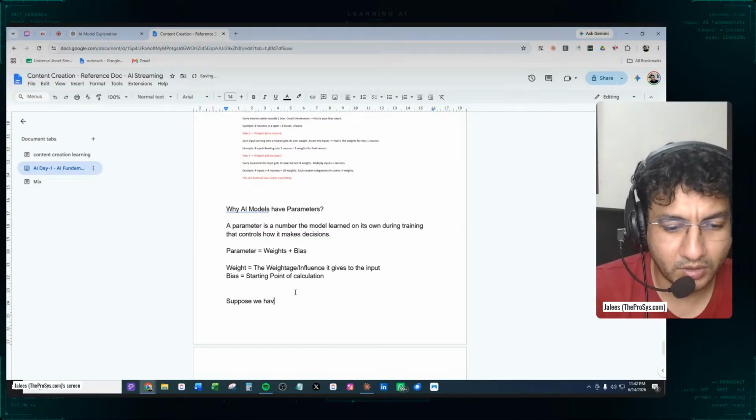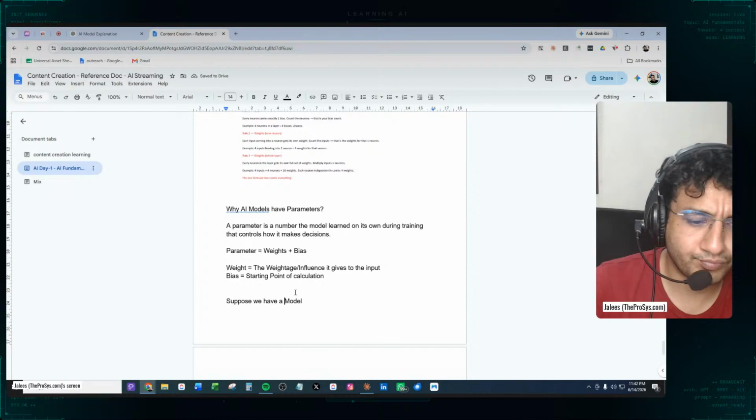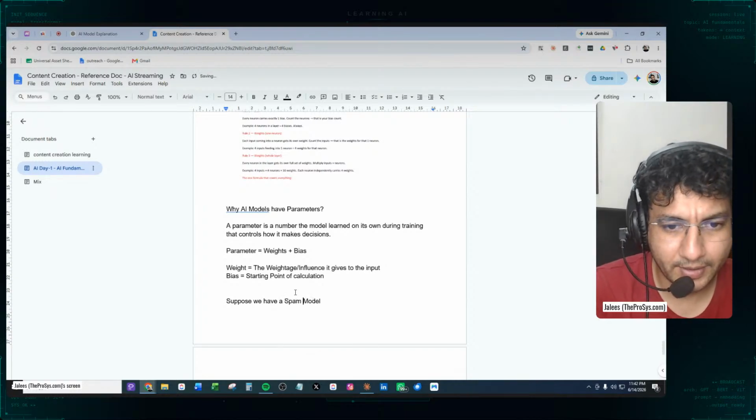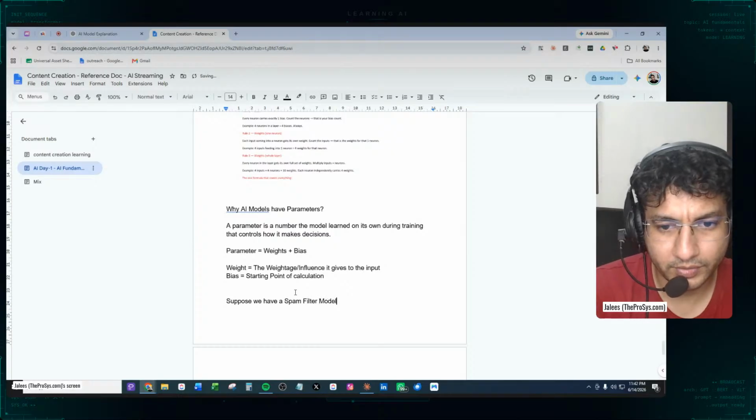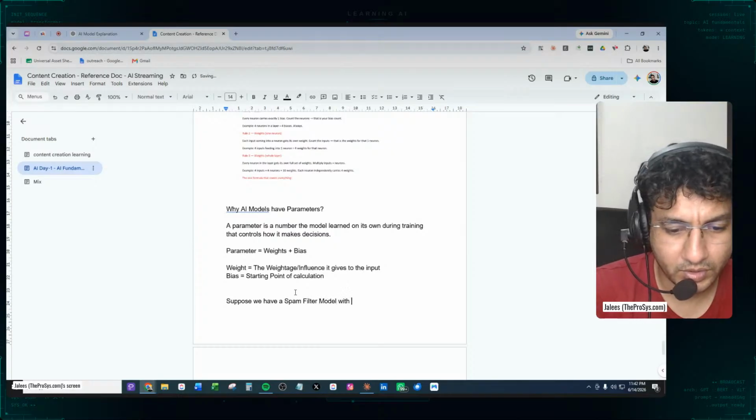suppose we have a model, a spam filter model with one neuron.